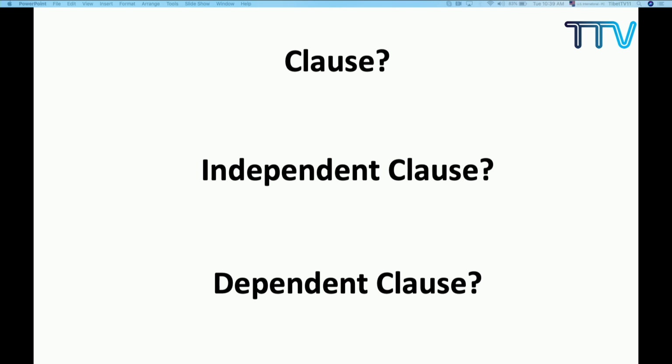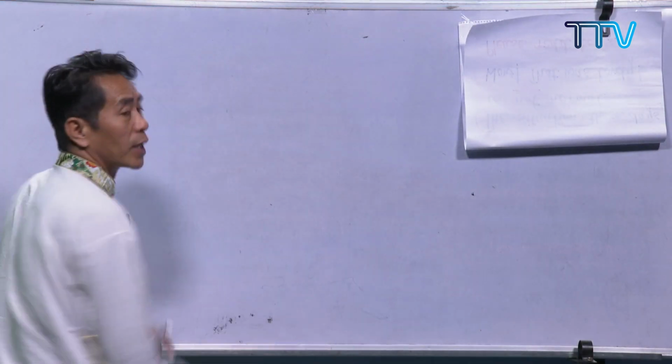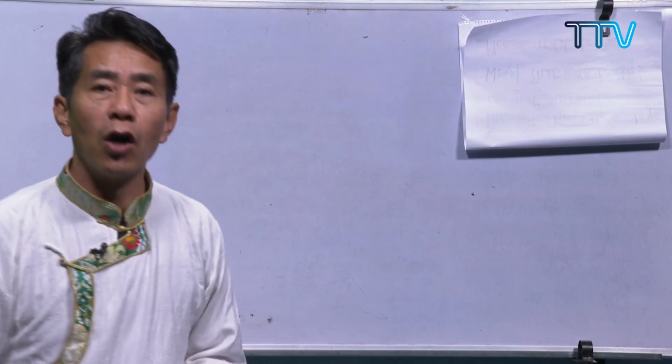Now, I've already mentioned the clause, and in the clause, I've also talked about the independent clause and dependent clause. There are so many things, so let us try to learn these clauses here. In the meantime, I want you to see whether you remember what a clause is.